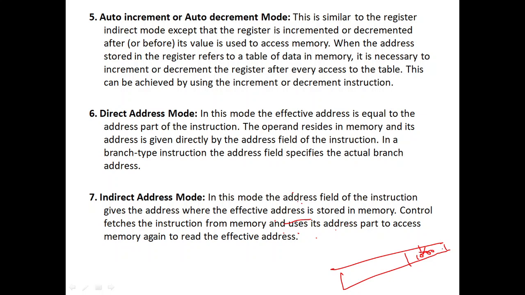Instead of 1000, if you give AX, then we have to go to the AX register, and if AX contains 1000, then we have to go to memory location 1000. So these two steps are indirect, a single step is direct, fine.